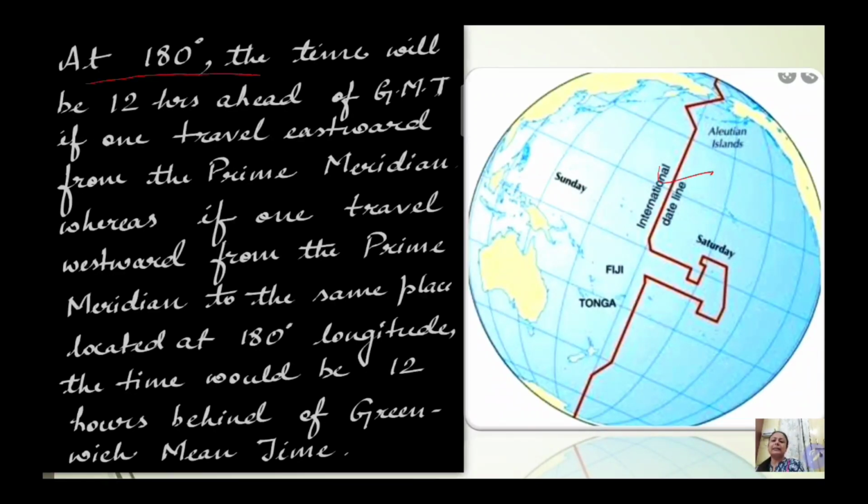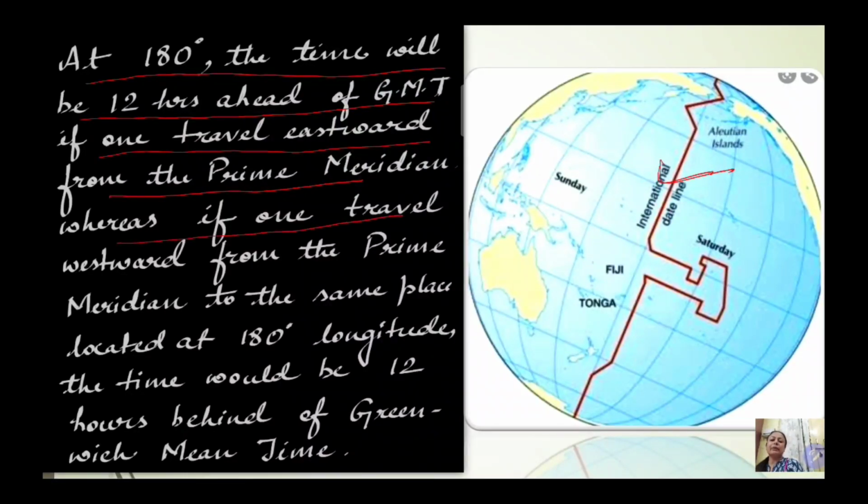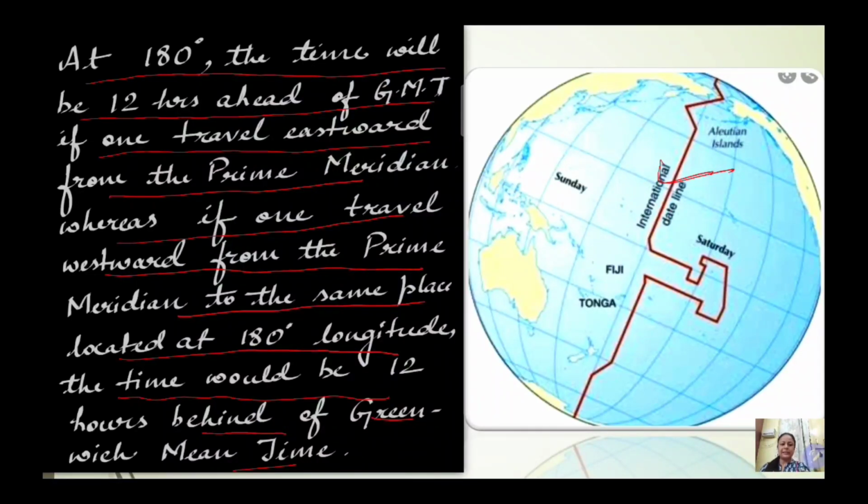At 180 the time will be 12 hours ahead of GMT. Whatever is the time at 0 degree, if one travels eastwards from the prime meridian and reaches 180 longitude, there will be a time difference of 12 hours ahead. Whereas if one travels westward from the prime meridian, the same place located at 180 longitude would be 12 hours behind GMT. Students, it's very simple.